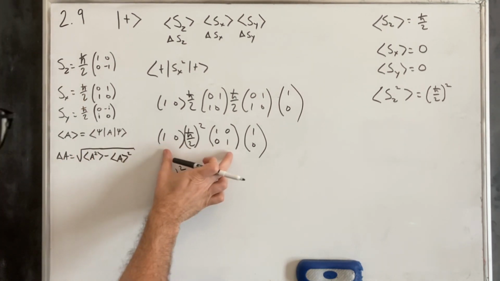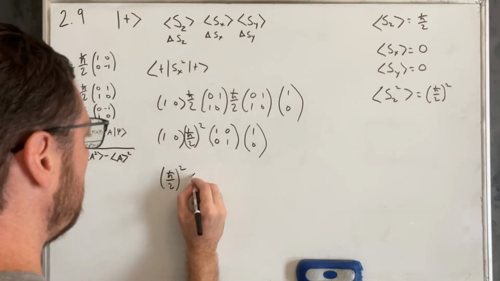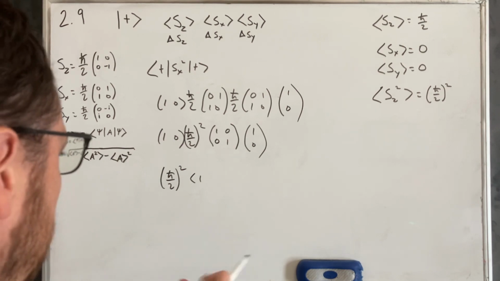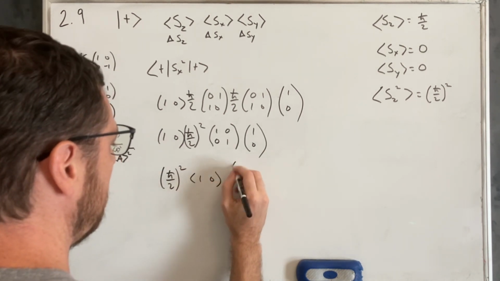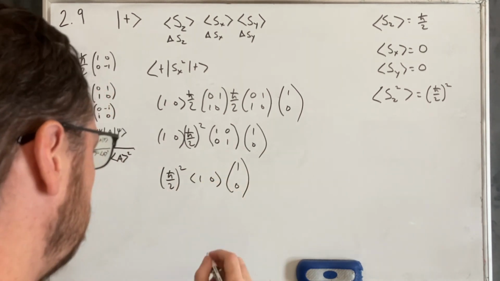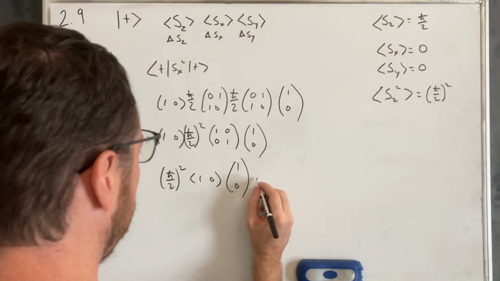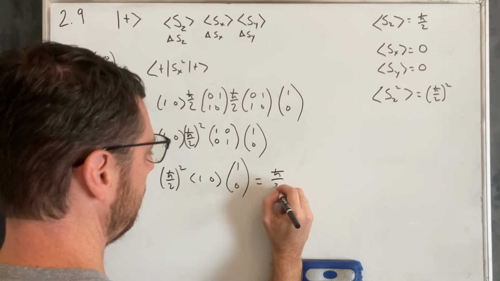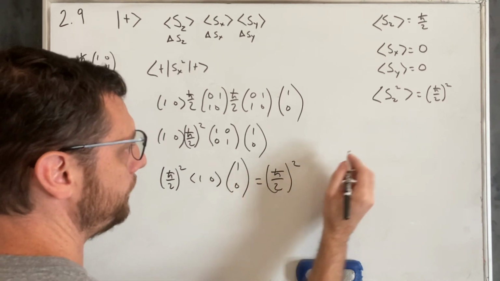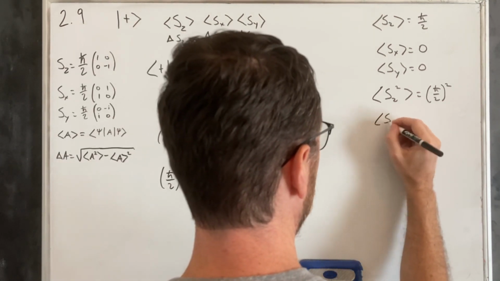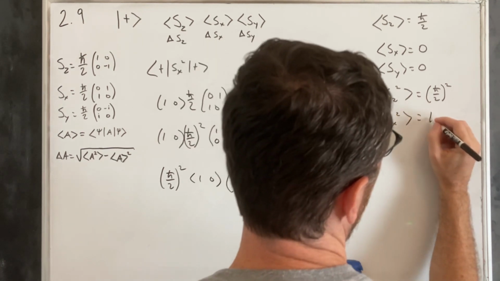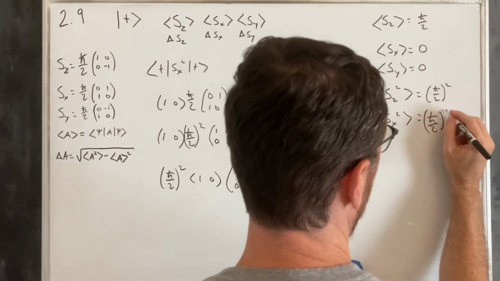I'll multiply these together. So we've got 1 plus 0 is 1, 0 plus 0 is 0, and then 1 and 0. All right, so it looks like we're going to get a 1 here. So that's going to end up being h bar over 2 squared. So our SX squared is going to equal h bar over 2 squared.